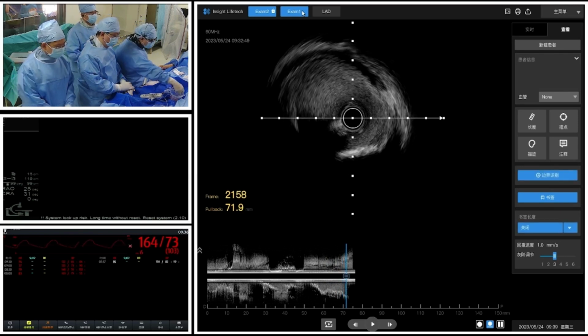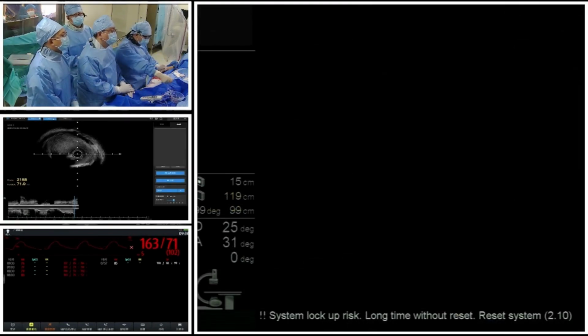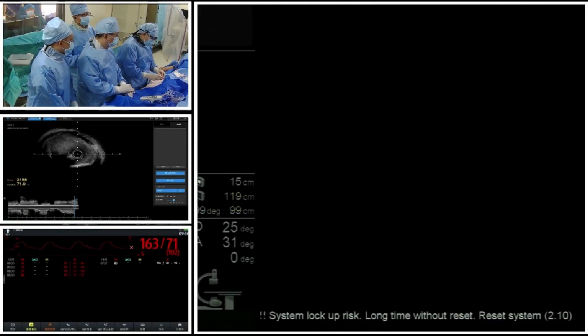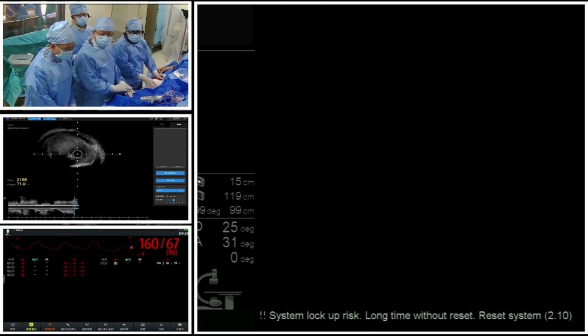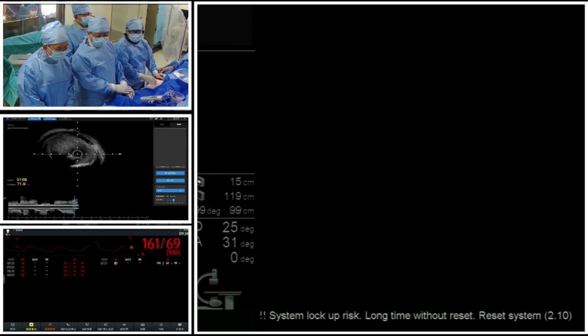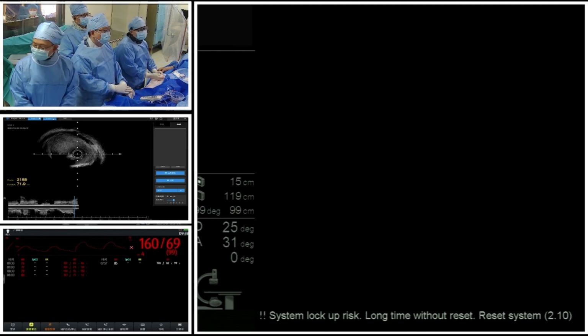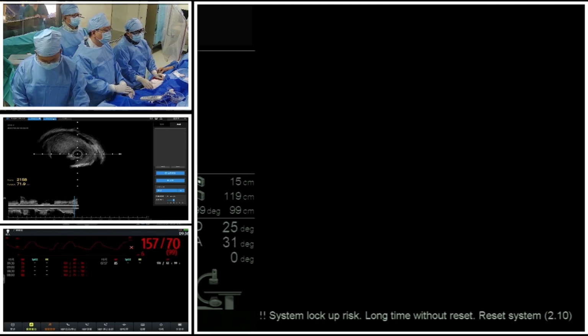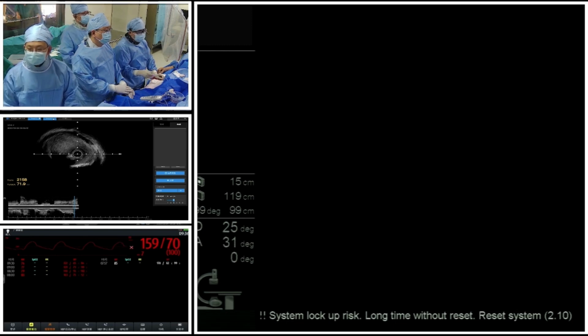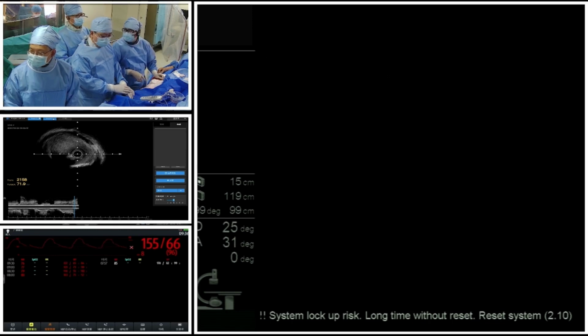Based on the findings of the imaging, next we will perform stent implantation, and according to the findings, we will implant two stents from the middle segment of LAD to the left main. Okay, the first stent.